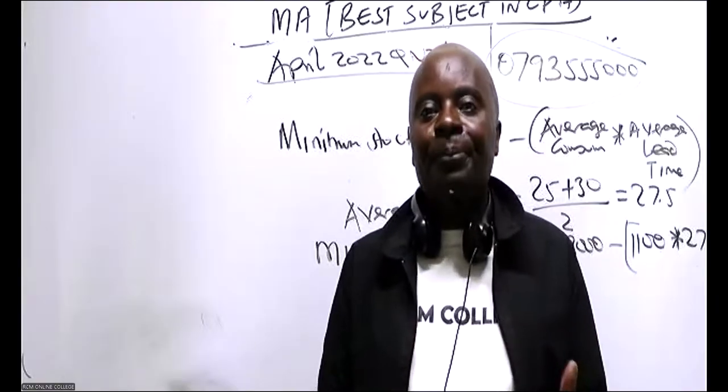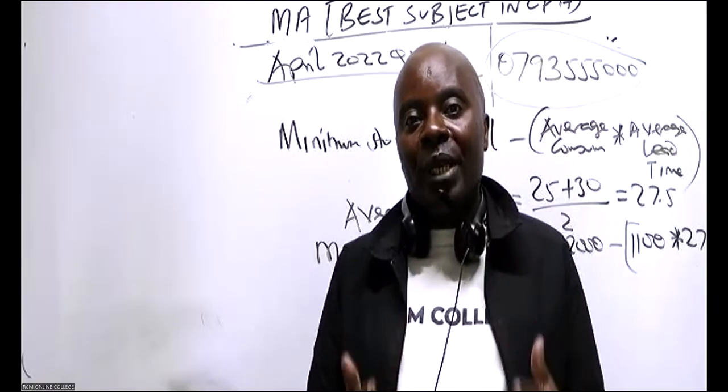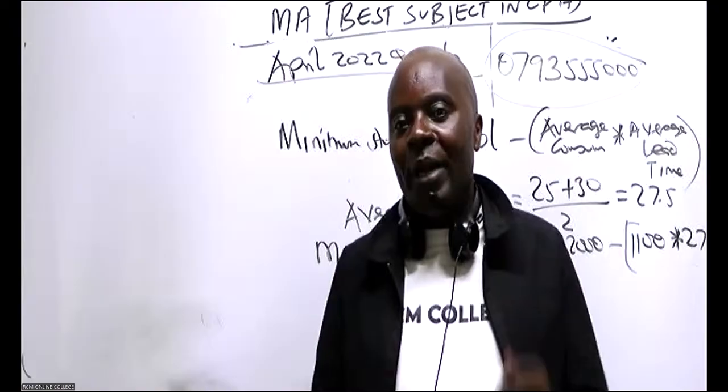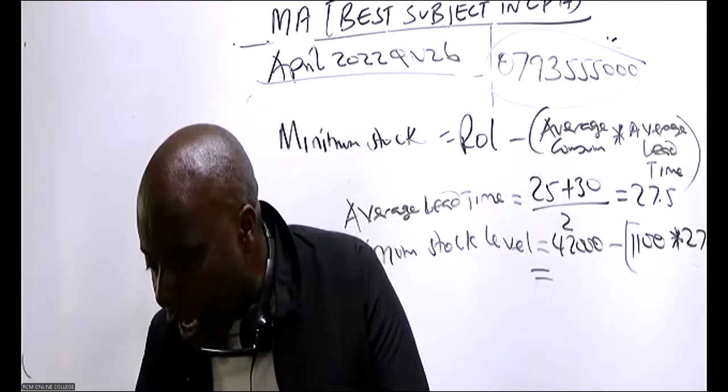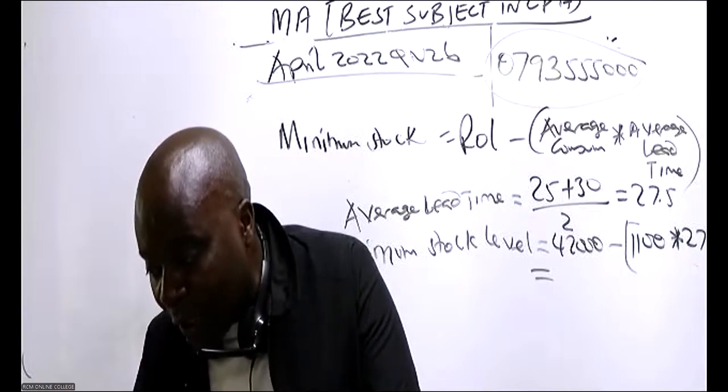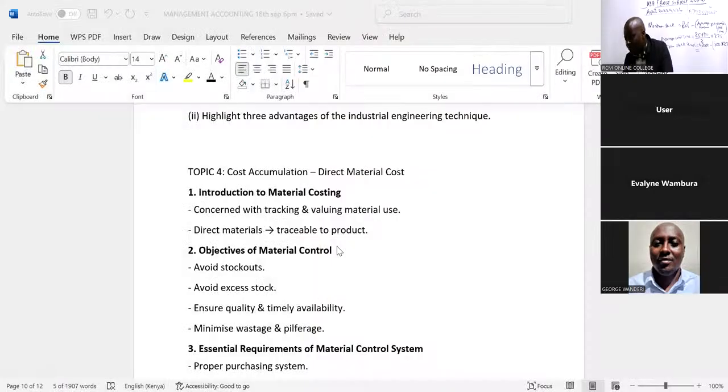And remember, as a management accountant, you're supposed to be a good controller. So you must be able to track this material usage. And then at the end of the day, we are looking at what we call the valuation of the same materials. Remember that direct materials are directly traceable to products.